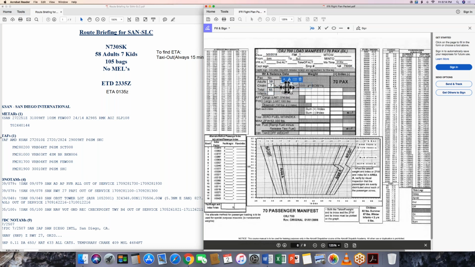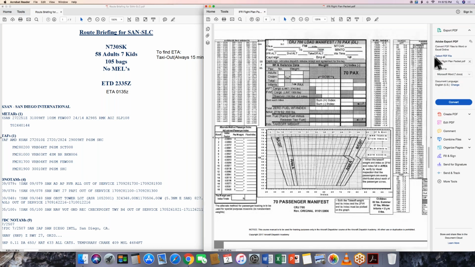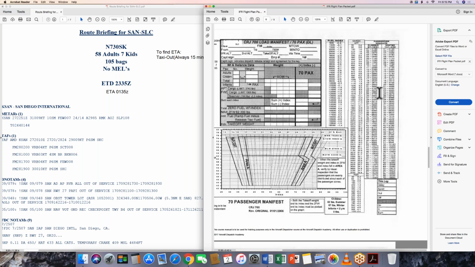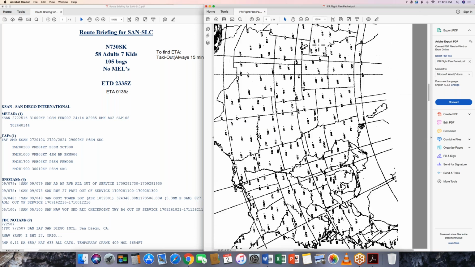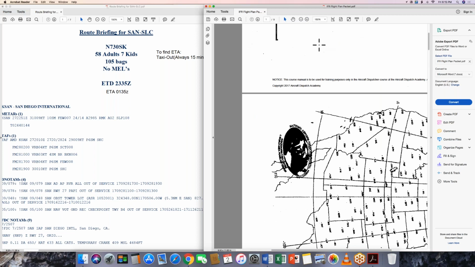Okay. So how do we figure out our adult weight? The winter chart, passenger weight. Oh man, what happened? Oh crap.